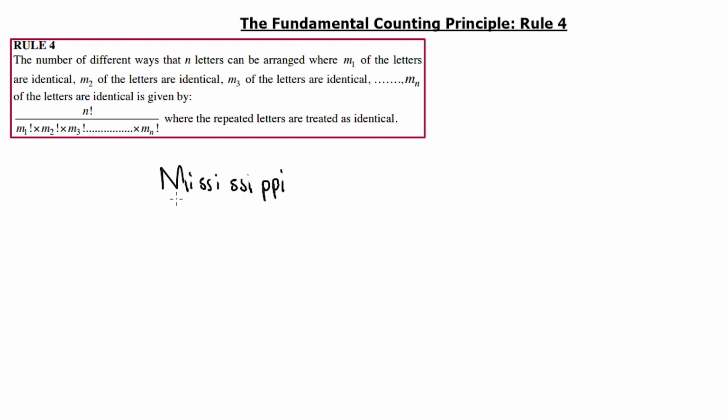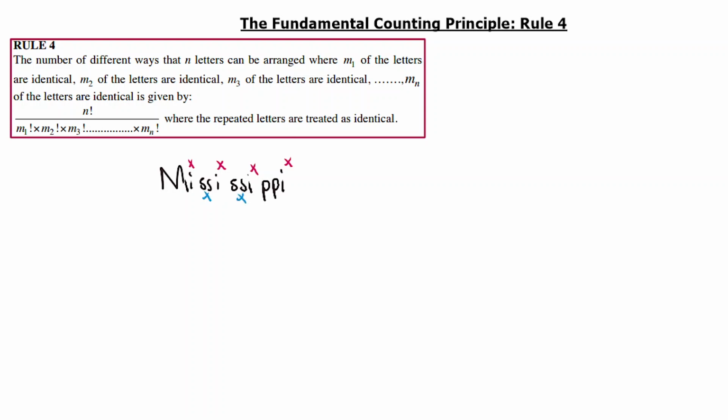Write down the number of word arrangements where repeated letters are treated as identical. So we want the word arrangements we can have if the repeated letters are treated as identical.